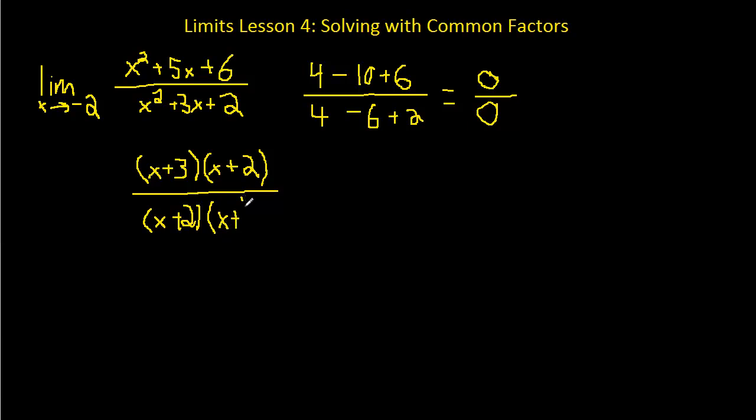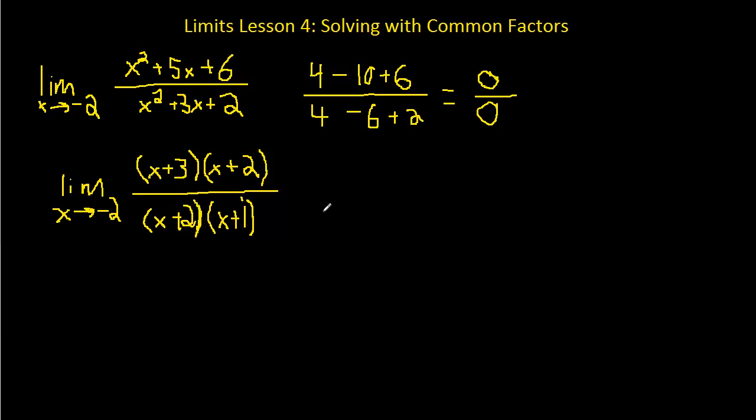Now, right away you should see that this limit as x goes to -2 is giving us trouble when we have these x plus 2 terms on the top and bottom.